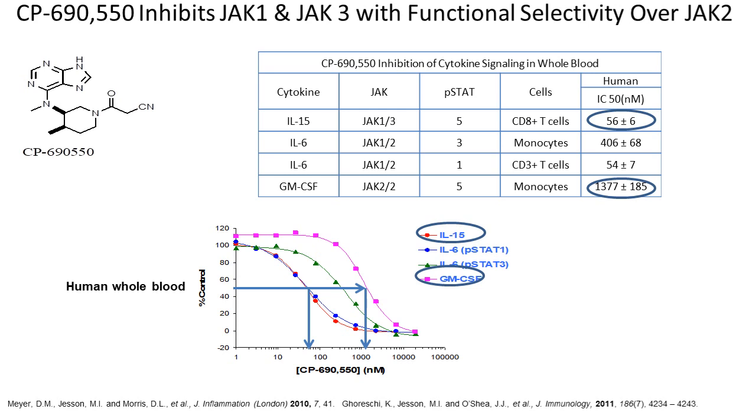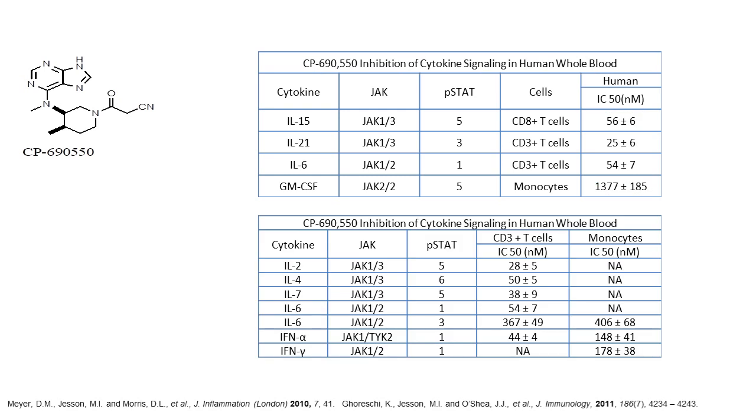So using this kind of table, the same publication presents a very comprehensive result on this particular drug. The Meyer publication goes on to explain how this particular drug inhibits the different cytokine signalings using different cell substrates.